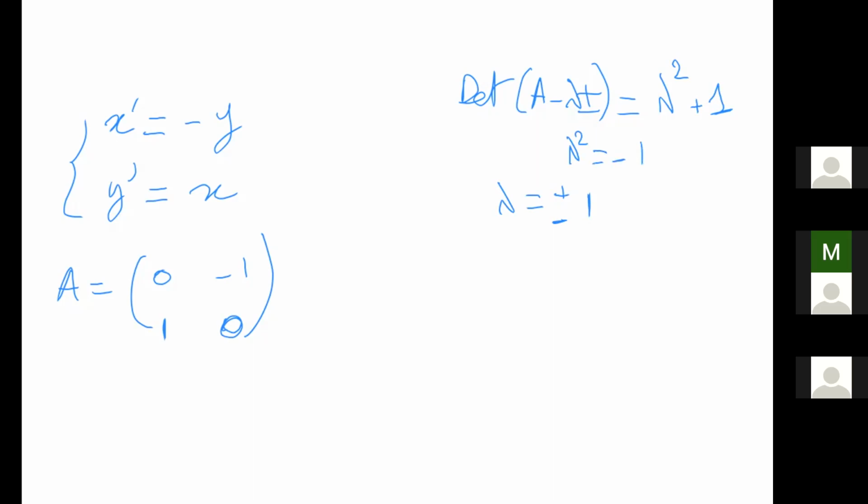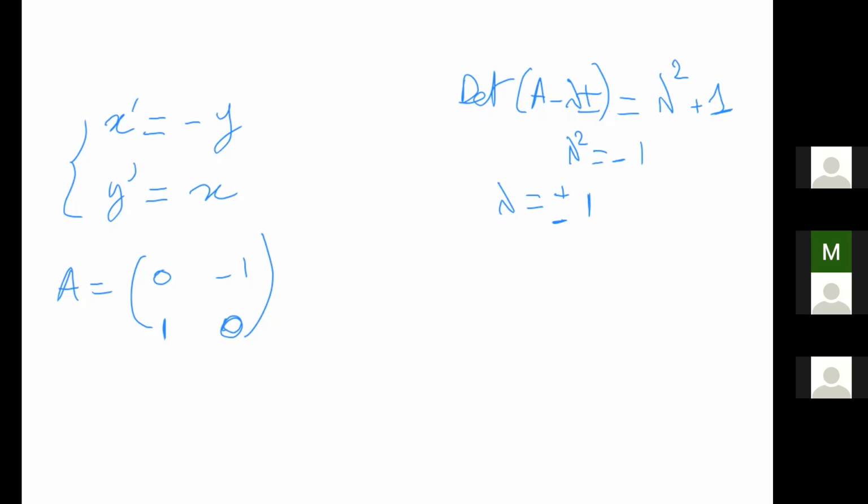So maybe some of you tried to do the same business that we did before. So you compute the eigenvectors and that stuff.